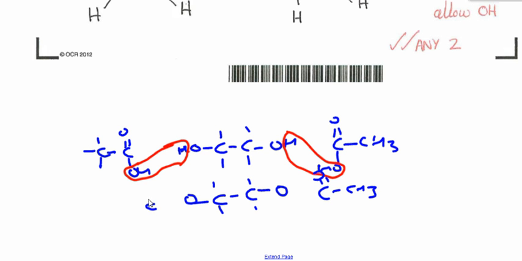We've still got C double bond O, CH3. But what then happens to form our ester is that we link the oxygen from the alcohol to the C with the C double bond O, and so we get that diester structure. And it was key here for your second mark, not only to draw one ester, but to draw the second.